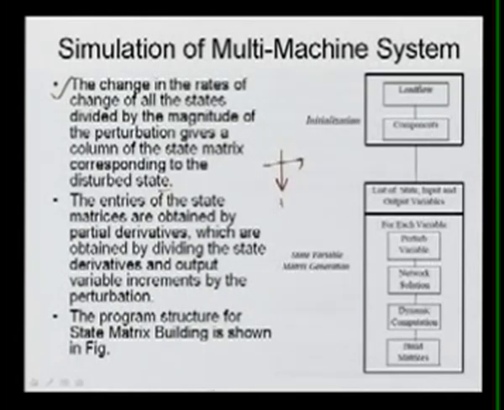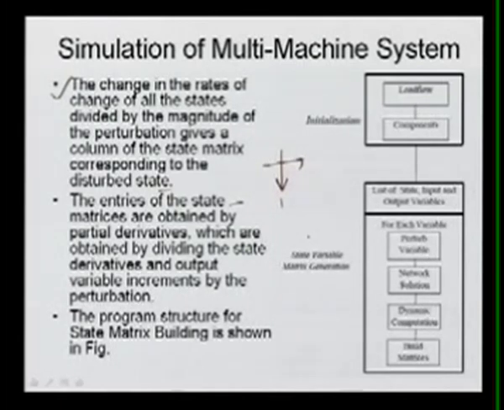The entries of the state matrix are obtained as partial derivatives, by dividing the state derivative and output variable increment by the perturbation. Here the entry of the state means the row vector, we can get this.